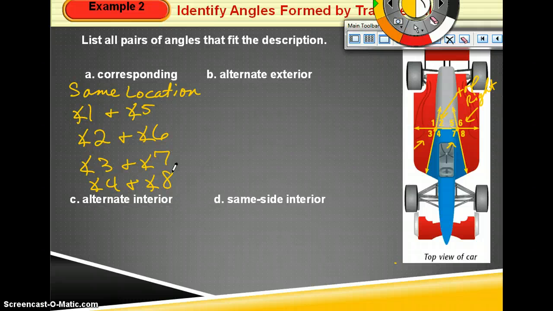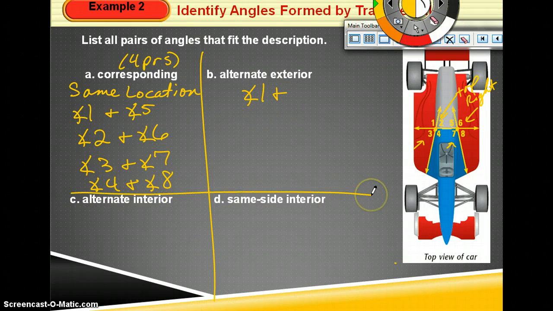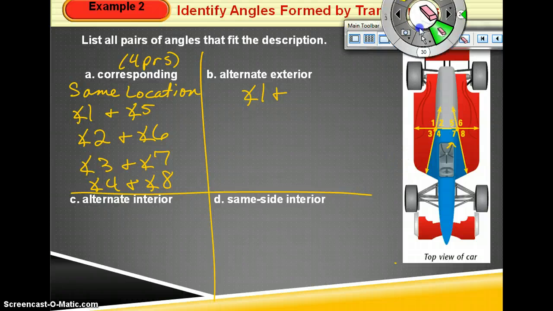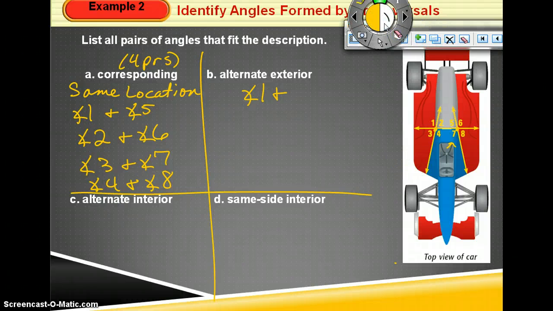Okay. Alternate exterior, do the same thing. So corresponding is always going to be 4 pairs. All of the others are only 2 pairs. So alternate exterior, you should have angle 1 and, since 1 is up here, top left for angle 1.